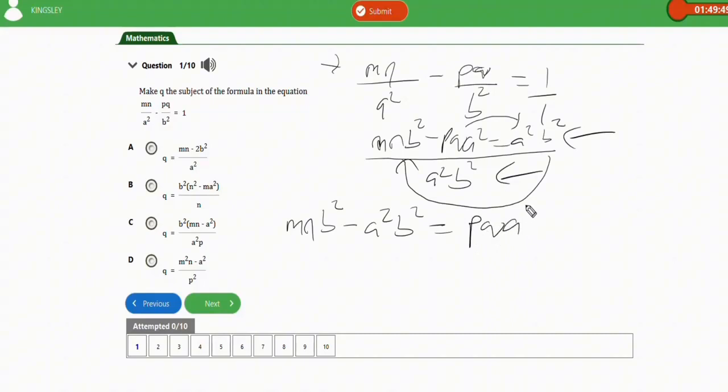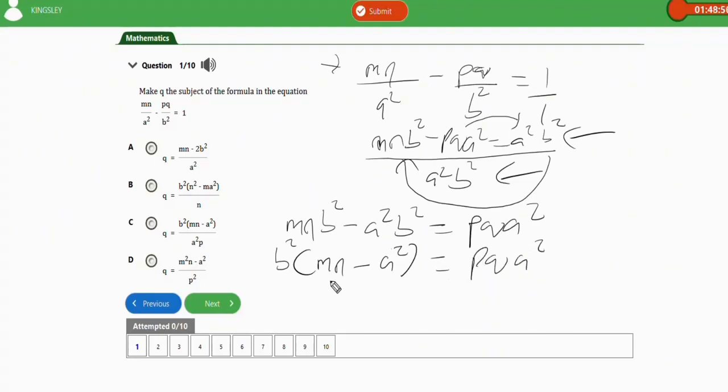pq a square. Now let's factorize what we have here, because of the kind of option we have, let's factorize the left side of the equation. When you factorize, we're going to have b square in brackets mn minus a square, you close the bracket, equals pq a square.